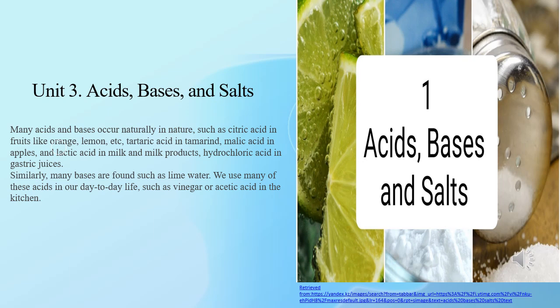Many acids and bases occur naturally in nature, such as citric acid in fruits like orange and lemon, tartaric acid in tamarind, malic acid in apples, and lactic acid in milk and milk products, hydrochloric acid in gastric juices.